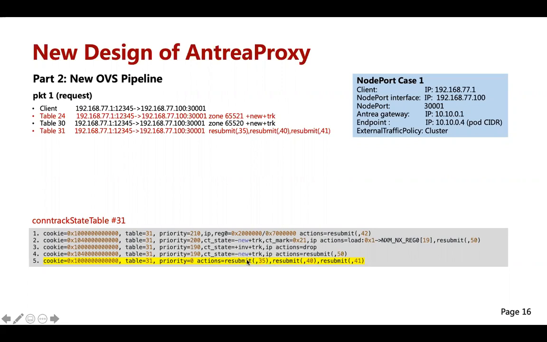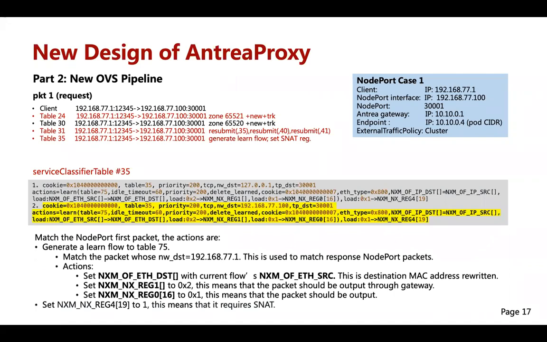This new action is for the first packet of service traffic from a remote host client. Let's see what this table does. We can see the state here.